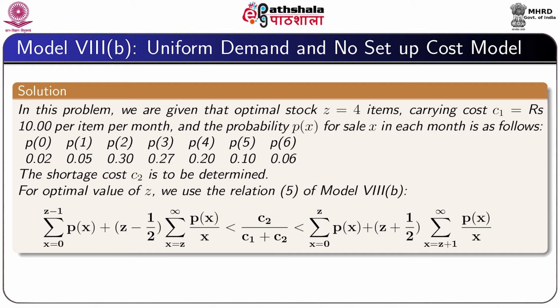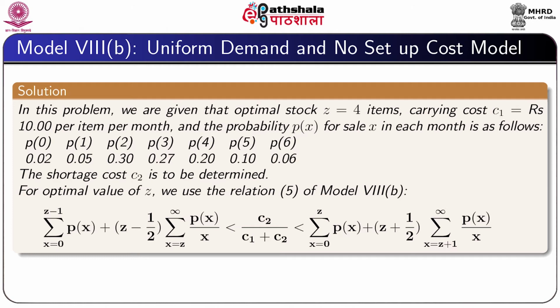In this problem, we are given that the optimal stock z equal to 4 items. The carrying cost C1 equal to rupees 10 per item per month, and the probability p(x) for sale x in each month is as follows.